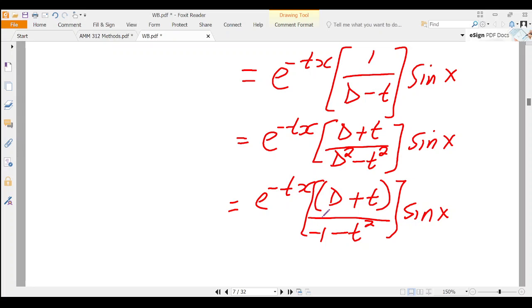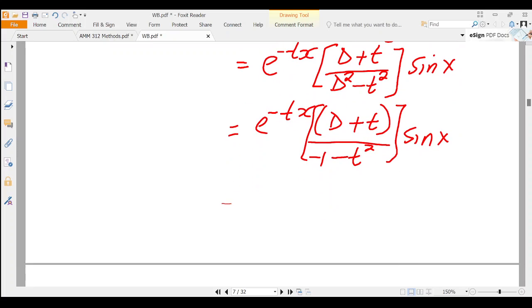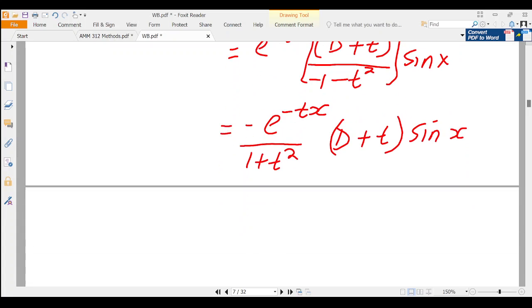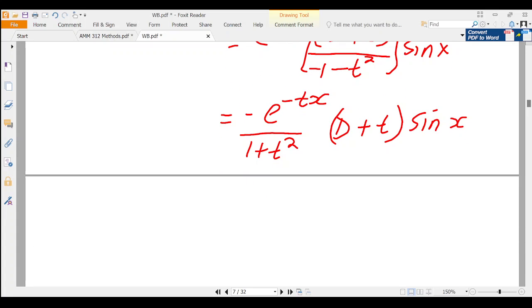So I can write this as minus e raised to power negative tx divided by 1 plus t squared. See that I can factor out the negative here in the denominator. Then I have minus e raised to power negative tx, then the denominator is 1 plus t squared, and then D plus t operating on sine of x. Now D sine of x will give us the cosine. D is the derivative.